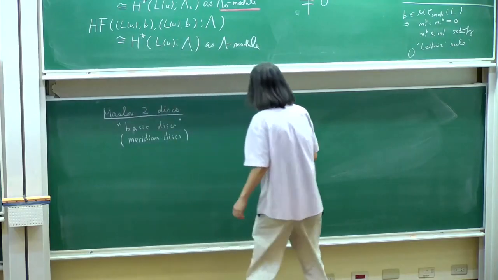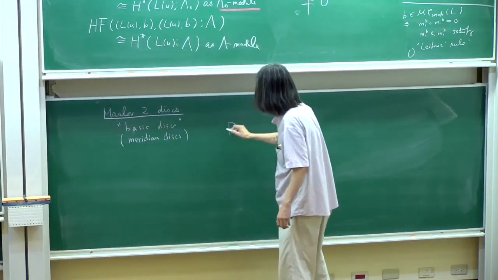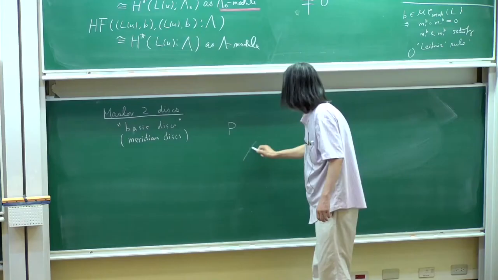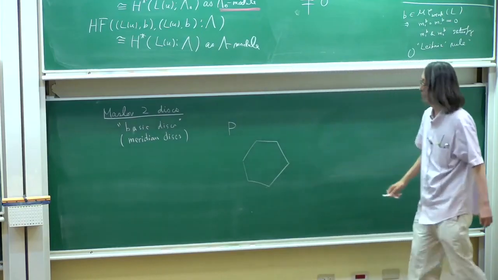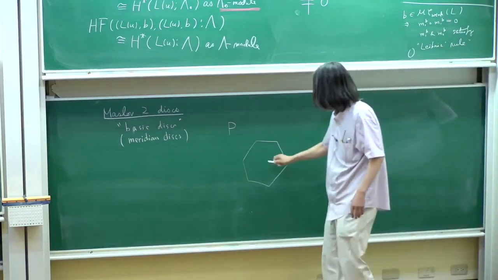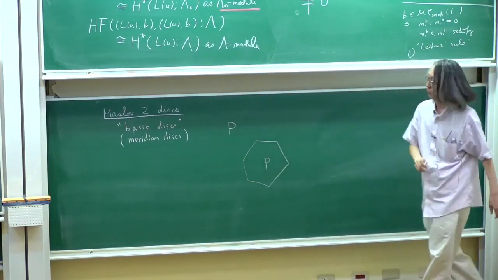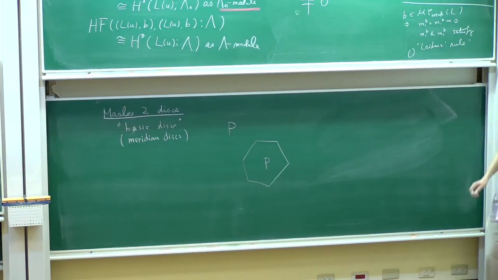So then maybe I just write P. P is some convex polytope. I don't know how it looks, but anyway, P is here. Then we consider its facets, I mean codimension 1 faces.